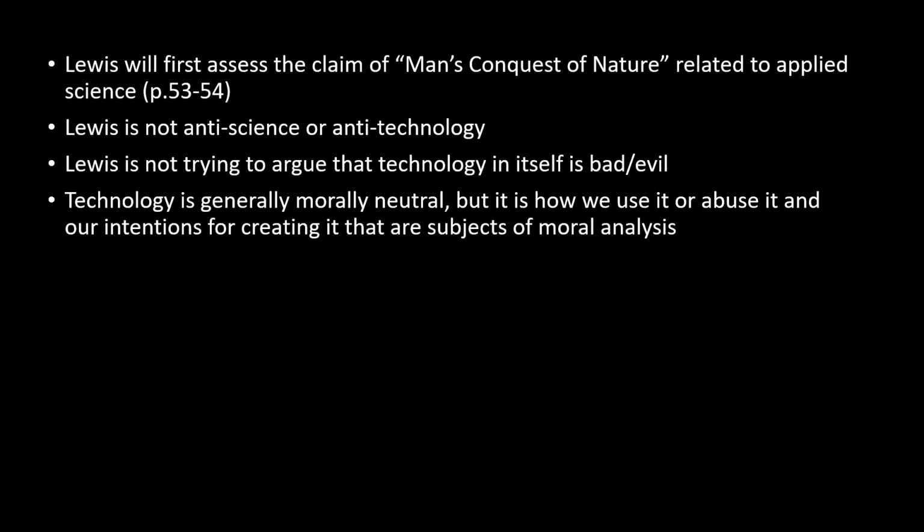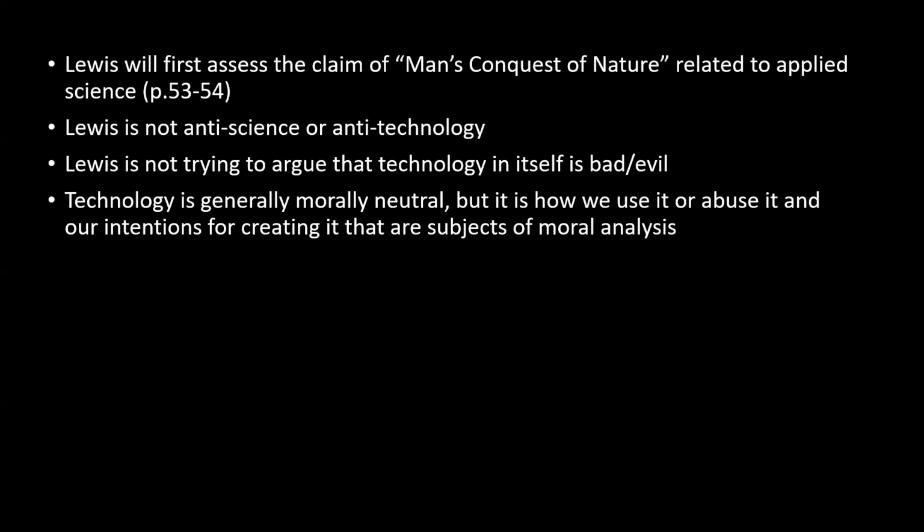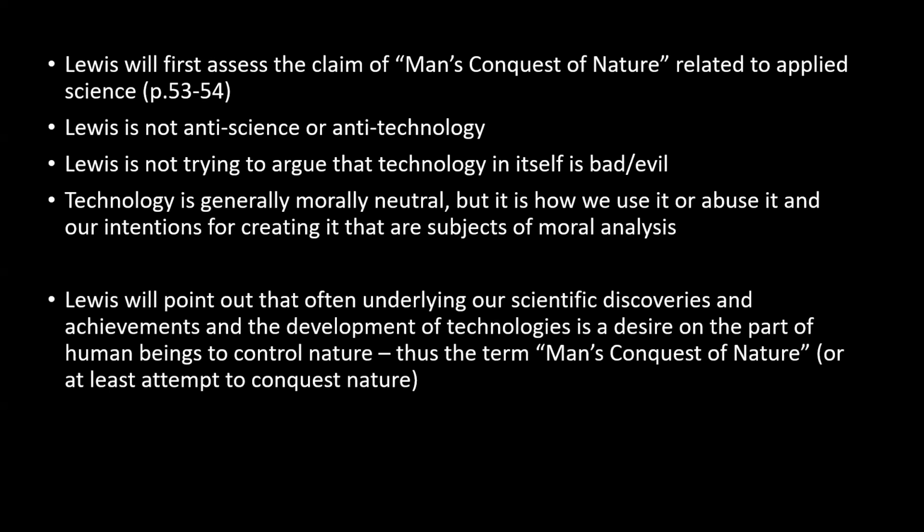So it's not technology isolated from anything else, but it's our application and use of technology, our creation of technology, and the purposes behind it that could be morally good or morally evil. And C.S. Lewis is aware of that, so he's not trying to tell us that all technology is bad with the comments he makes in this chapter. But Lewis will point out that often underlying our scientific discoveries and our scientific achievements, and when we develop different technology, ultimately there's this desire on the part of human beings to control nature.